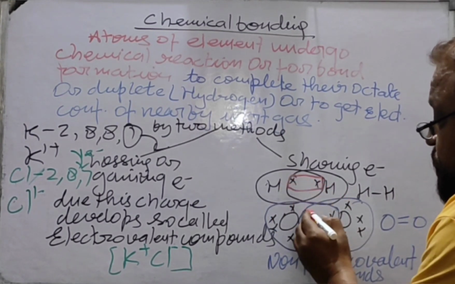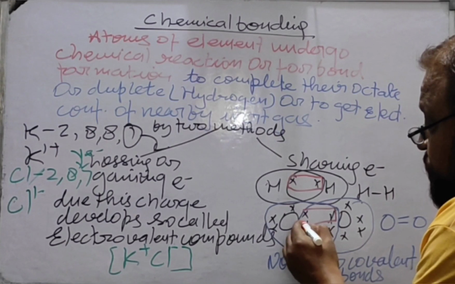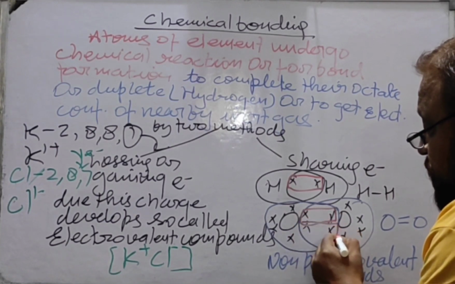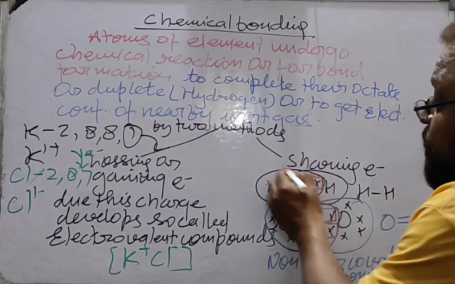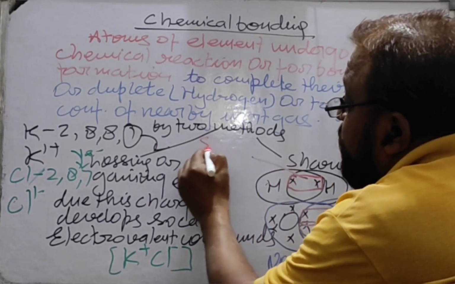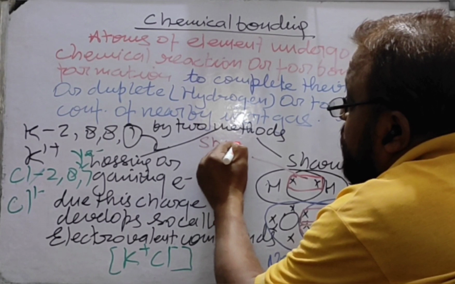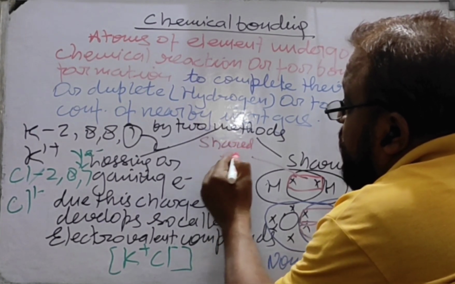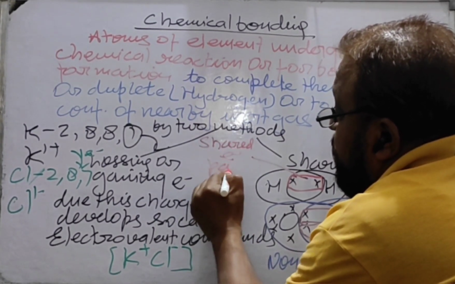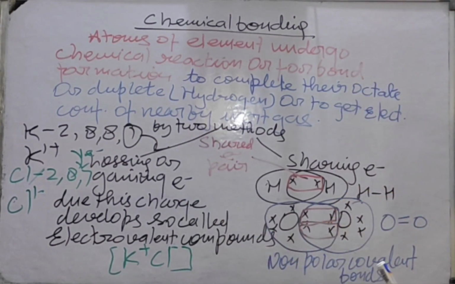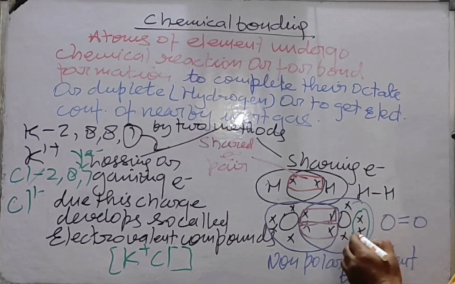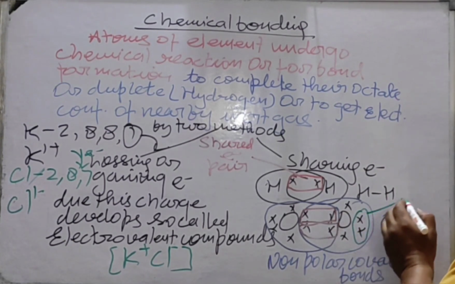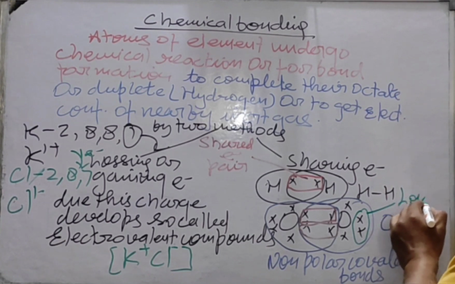This is called a shared electron pair, and this is known as a lone pair.